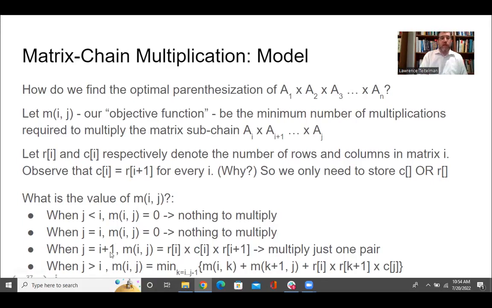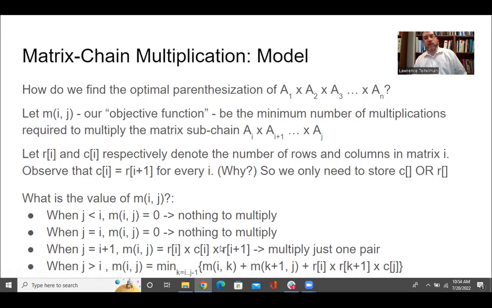All right, what about when J is one more? So now I just have a single pair. So how many multiplications? I need the number of rows in one matrix times the number of columns in the other matrix, which happens to be the same as the number of rows in the next matrix, and multiply that by the number of columns in the next one.